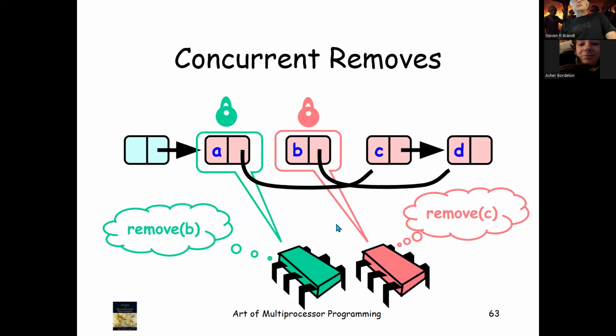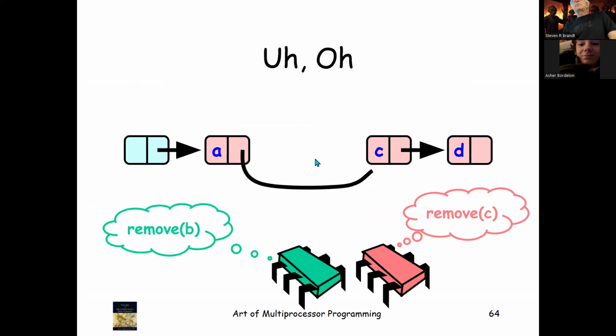But what happens is A swings its pointer past B to C because it's trying to remove B. And it can do that because it's only modifying its own state. So what happens is the removal of C gets lost when these two things happen concurrently, right? That's why we lock two things.